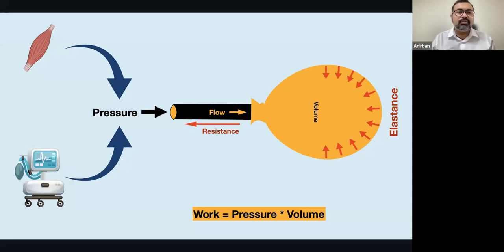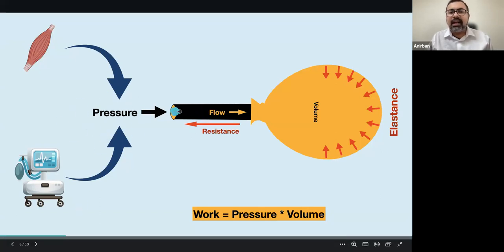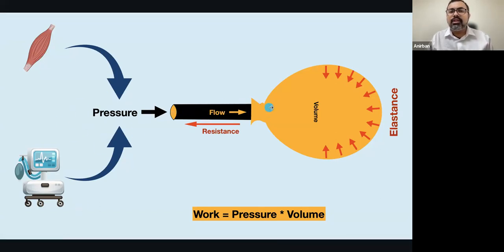In different scenarios, our muscles or the ventilator or a combination generate a pressure, and this pressure drives a flow which eventually increases the volume of the lungs. Throughout this process, when the flow happens, it has to happen against some resistance. This is the resistance given by our airway to the flow of the air.